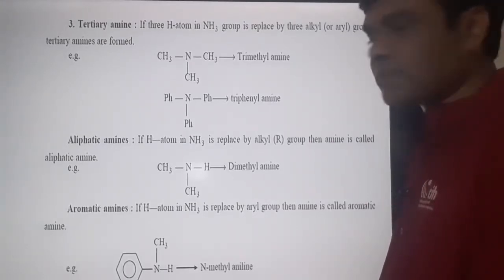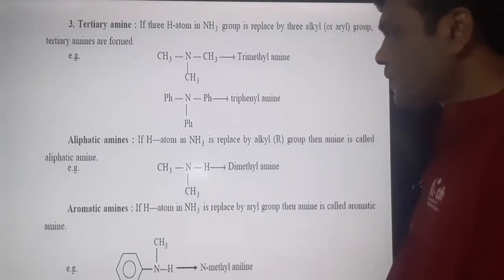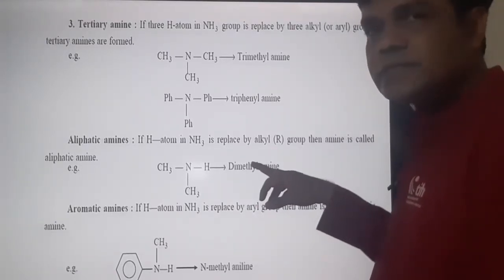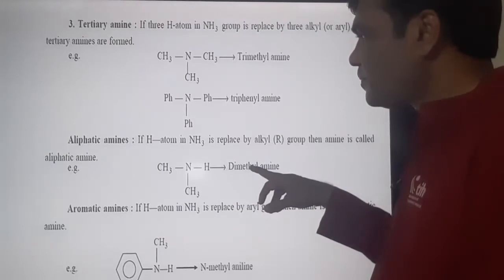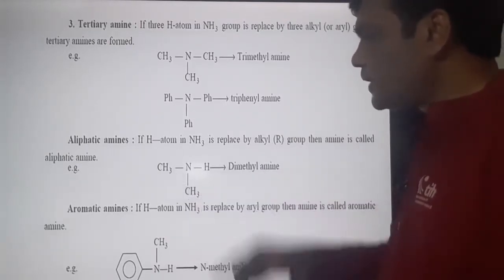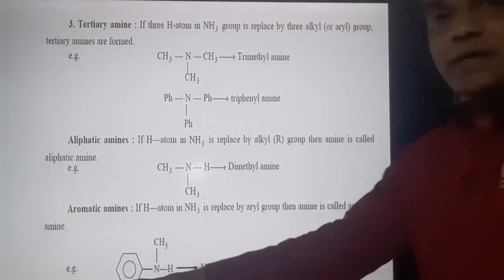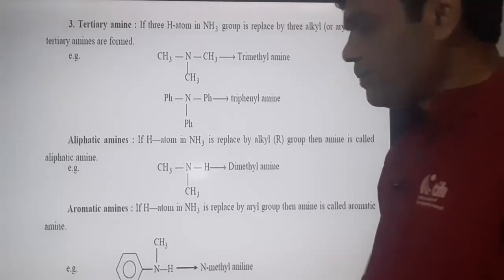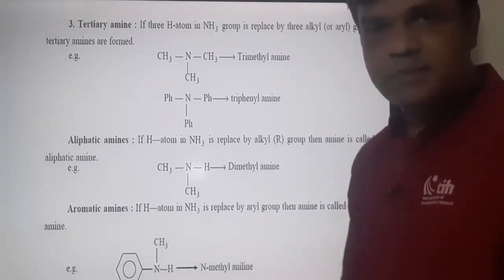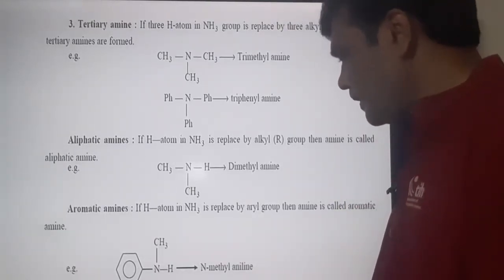These are the classes of amines. Similarly, mixed amines may be there. This is a aliphatic amine because these groups are aliphatic alkyl groups, and here it is a aromatic amine, because aromatic ring is there, that is phenyl ring is there.